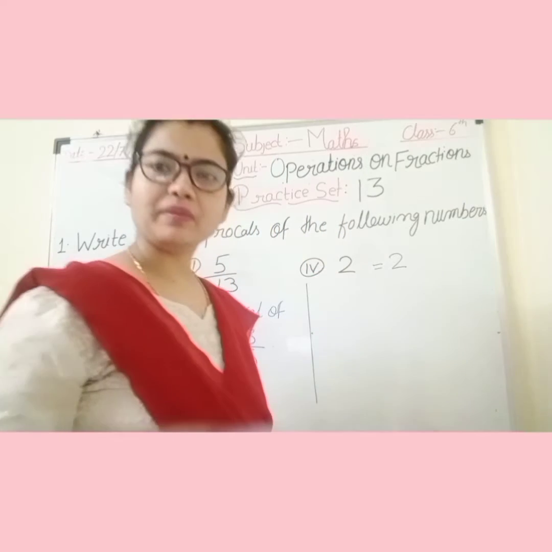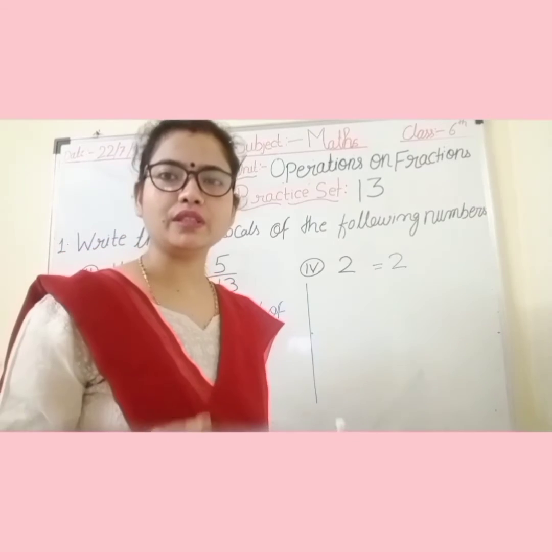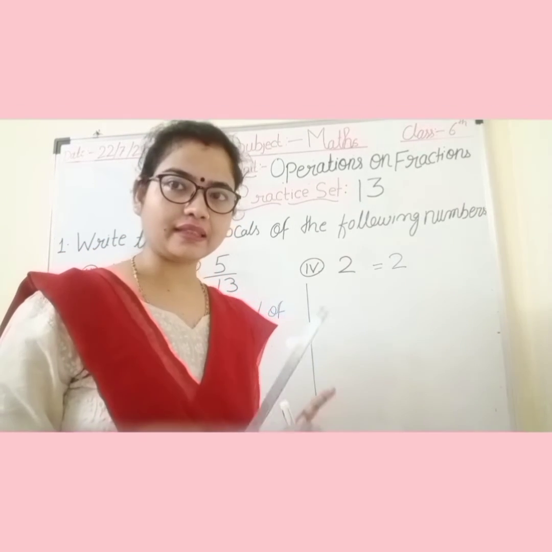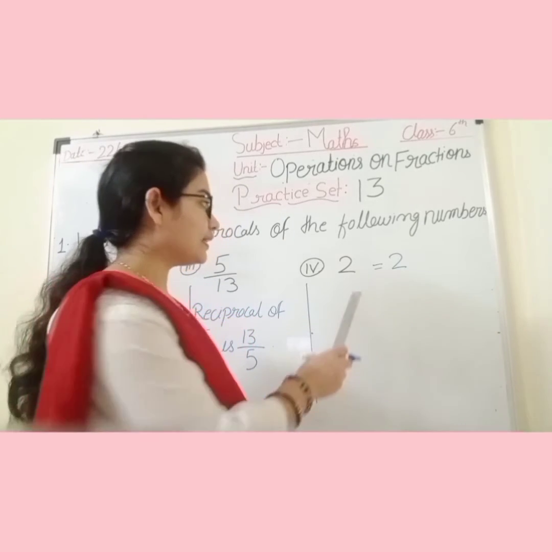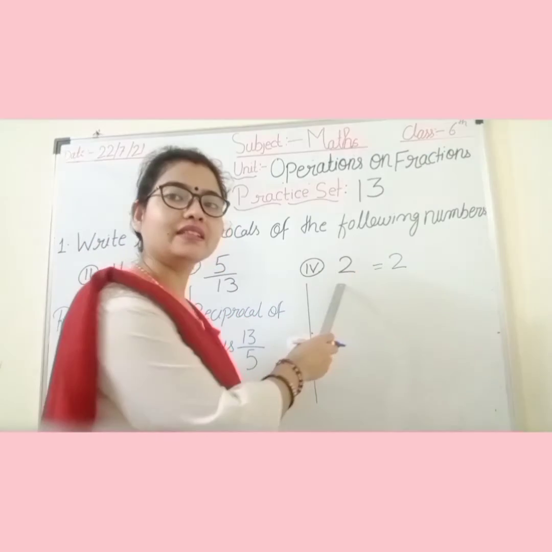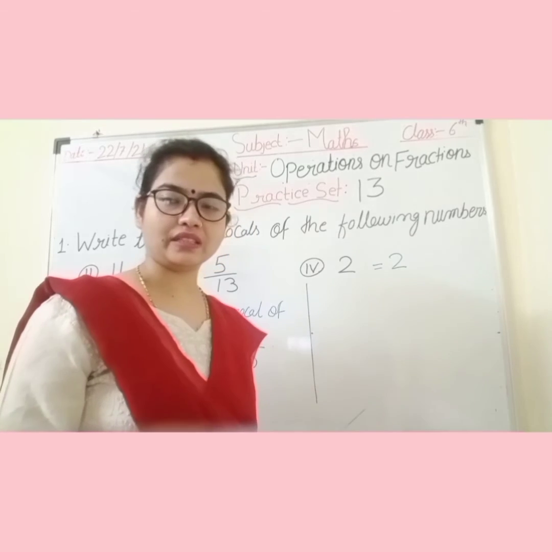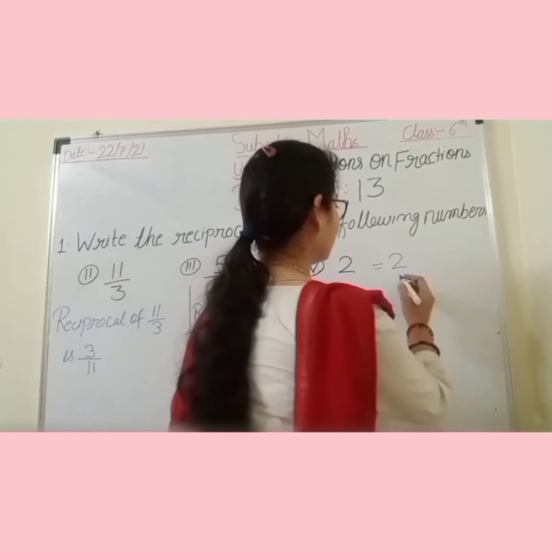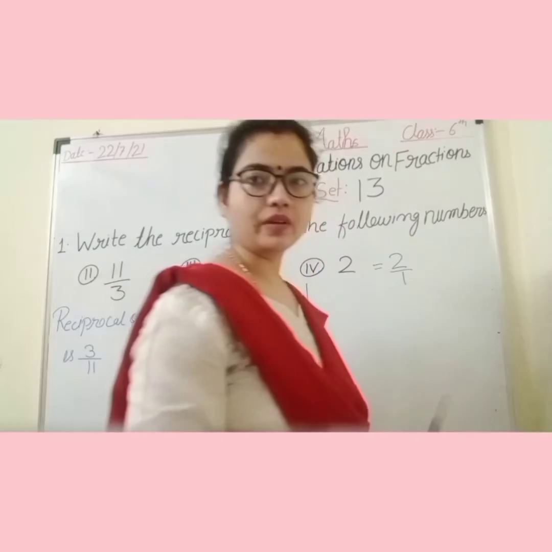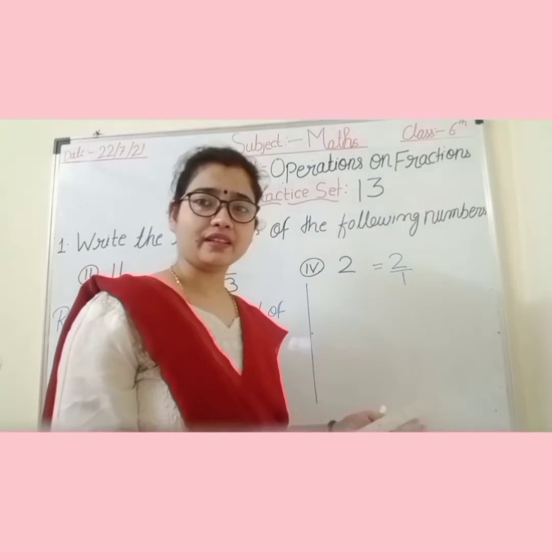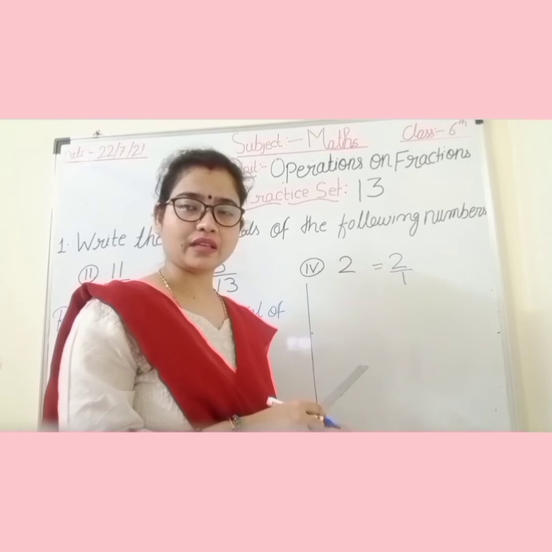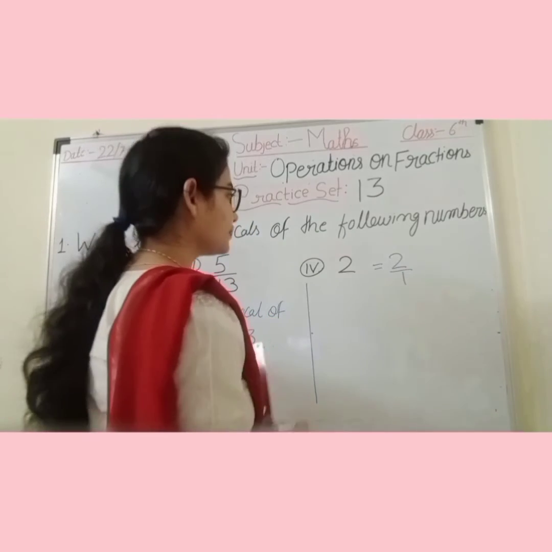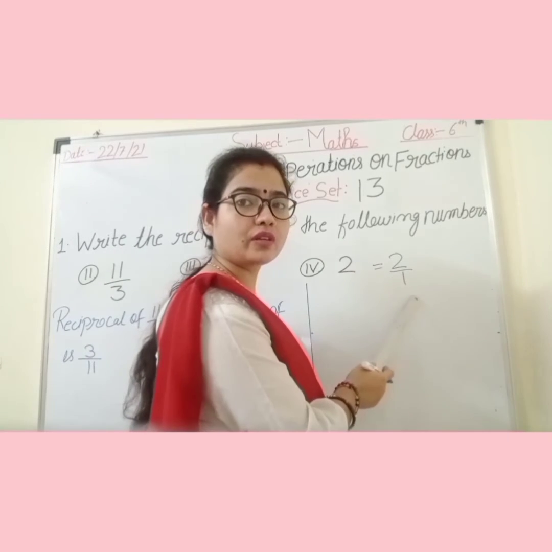If any number is given in the form of 2, 3, 4, 5, 6, you will always recall that in the denominator it has 1. Already it has 1 in its denominator. So I have written here 2 upon 1. This 1 is already in the denominator of this type of number, these counting numbers. So see here. What you will do here for the reciprocal of 2?